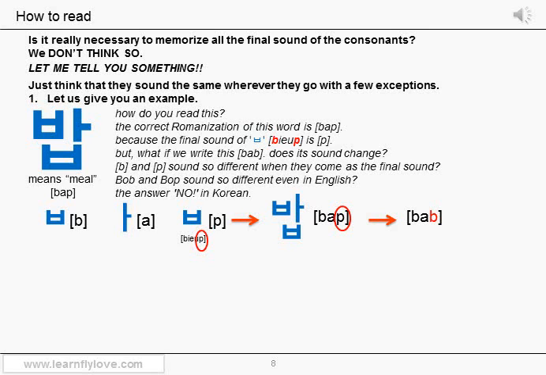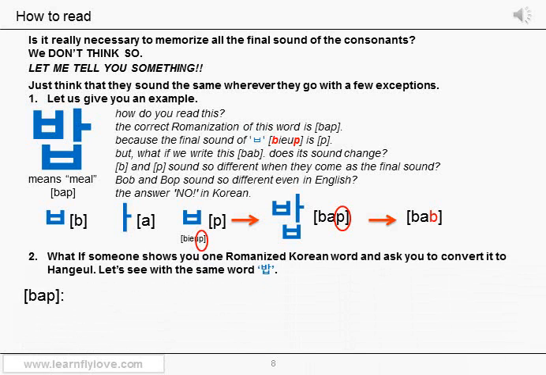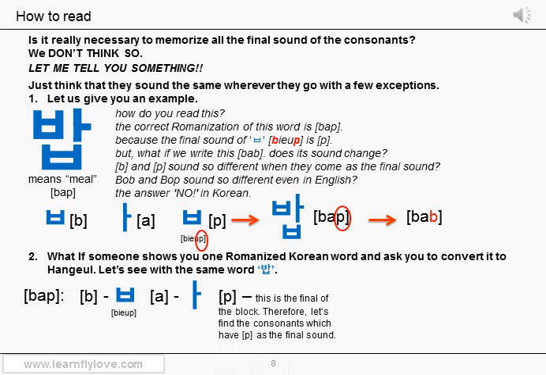What if someone shows you the romanized word B-A-P and asks you to convert it to Hangul? Would you be able to do that? B shall be converted to the consonant biup, which sounds B, and the vowel A shall be converted to the vowel A, right? How about the final P?